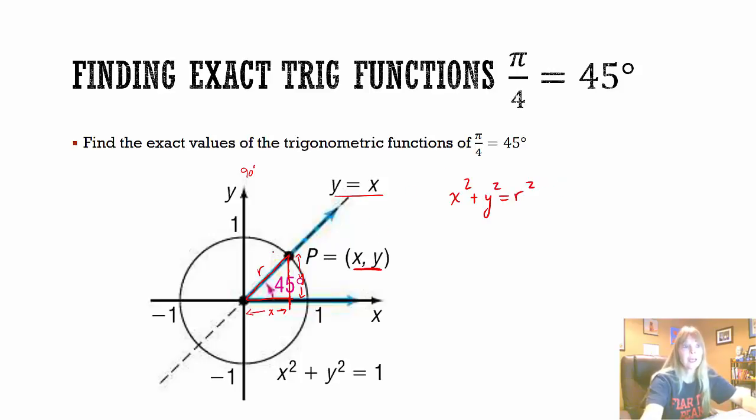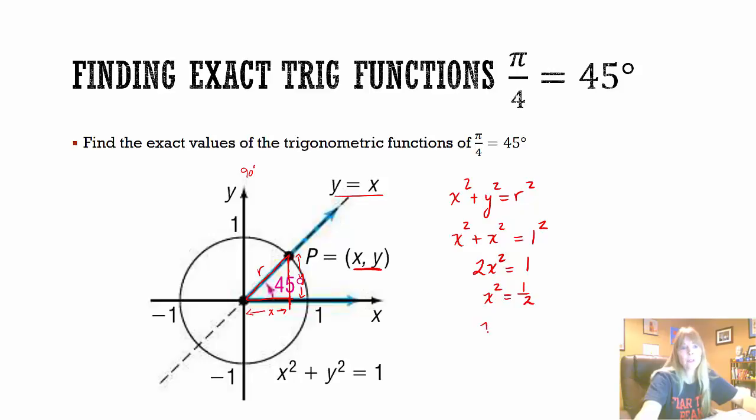Well, because I just said this line is the line y equals x, that says y and x are the same. So where I see a y, I convert it to an x, so I just have one variable. We know this is a unit circle, so I know my radius is 1. So I get 2x squared equals 1. x squared equals 1/2.